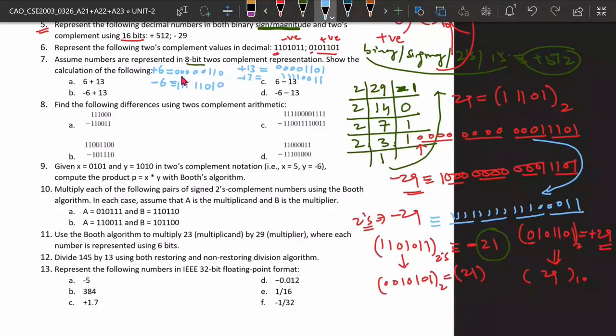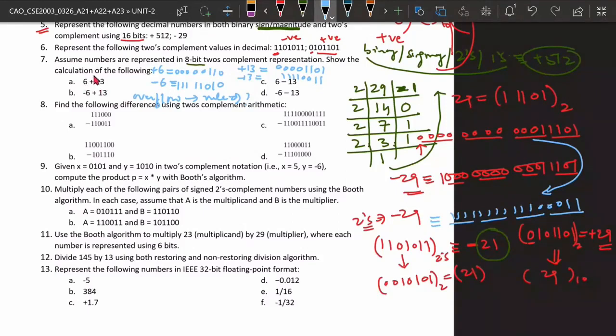If we are going to check the overflow, there is a rule also, just go through it. What is the rule for checking the overflow? I have already told you in the slides, you can obtain that. Basically, the overflow will occur only when the two numbers we are adding have the same sign.